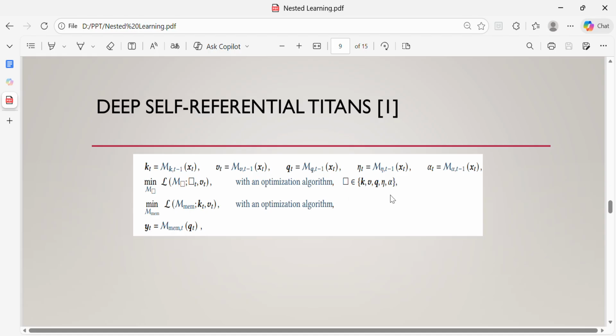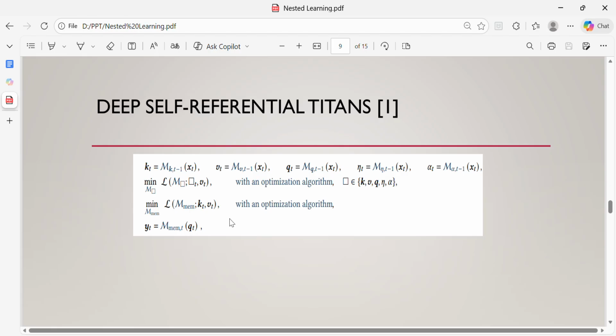The square here denotes it can take any value from key, value, query or the parameters, right? And it is updated with an optimization algorithm. Minimize, again with the optimization problem, kt vt, because this is the associative memory. Are we doing it right? The key into parameters is actually giving us the right values.